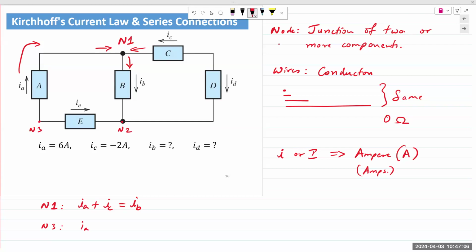IE is also leaving the junction. Actually, according to my description, nothing is entering the junction, so it's 0 on the left side, and IA and IE are both leaving. So mathematically, this gives me IA equals minus IE, or IE is equal to minus IA.